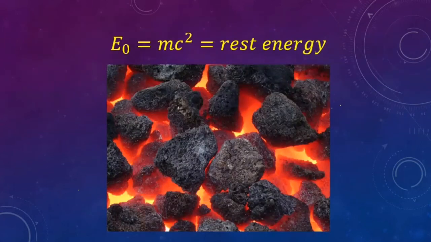Okay, so before we end this lecture, let's emphasize what we mean by rest energy. The rest energy E naught equals mc squared. That means that an object, even if it's not interacting with other objects, has this rest energy.